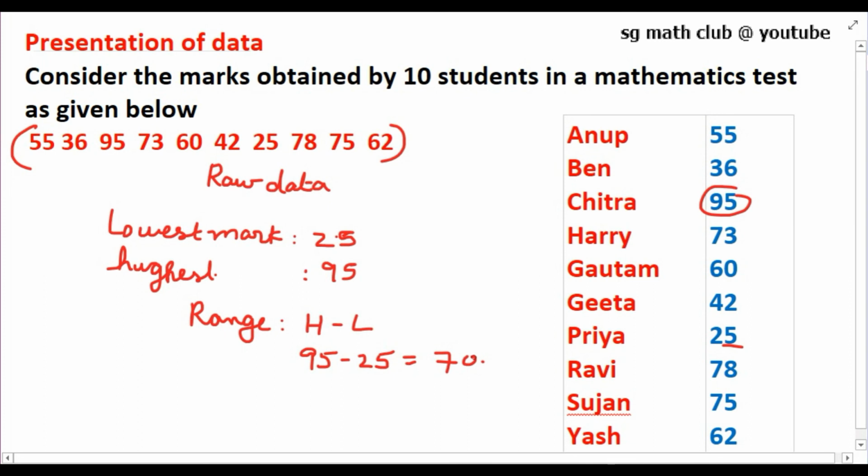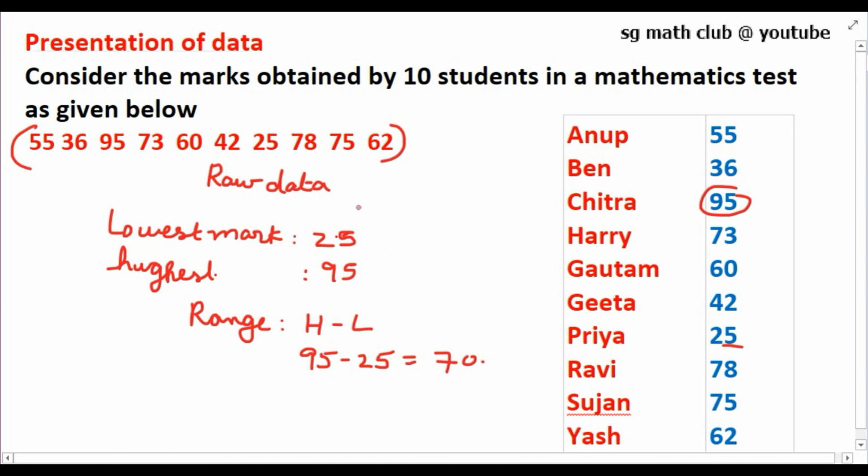So it takes some time to find out the highest score and the lowest score. But if you arrange this data in ascending order or descending order, then we can easily make out the range for this data.